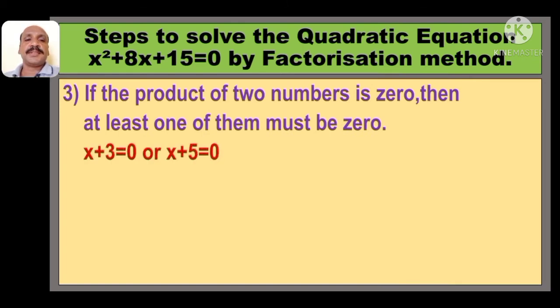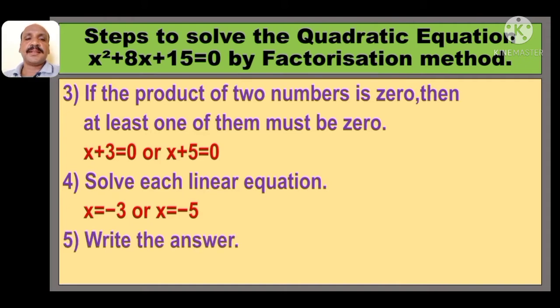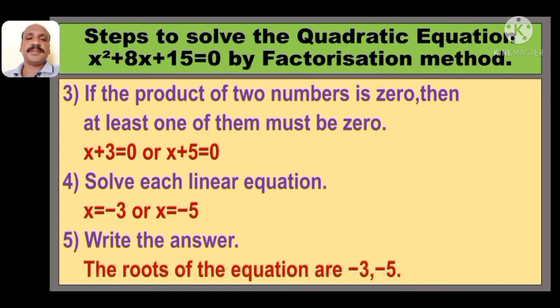Therefore, x plus 3 is equal to 0 or x plus 5 is equal to 0. Solve each linear equation. x is equal to minus 3 or x is equal to minus 5. Write the answer: the roots of the equation are minus 3 and minus 5.